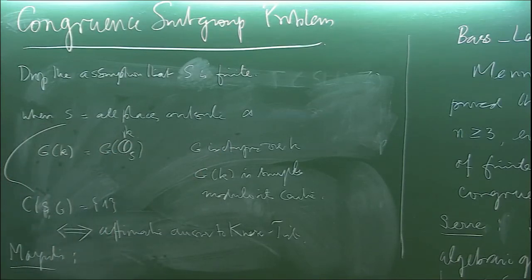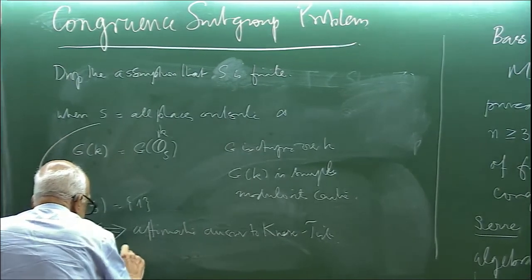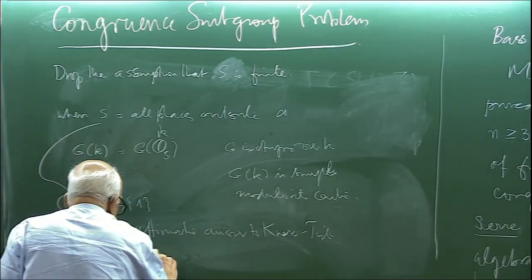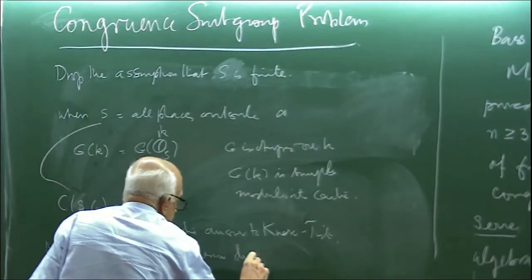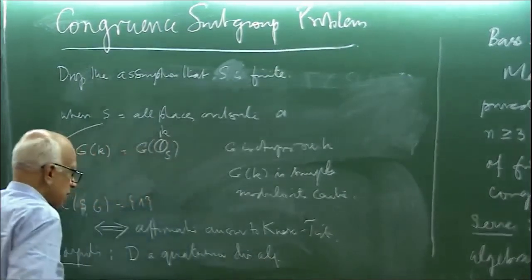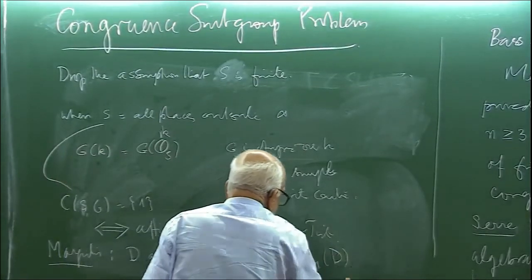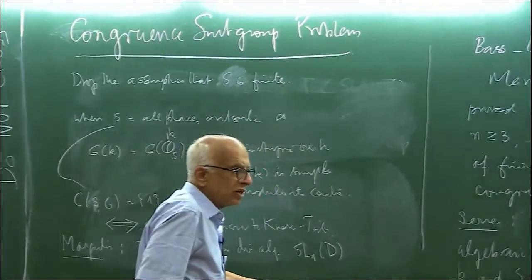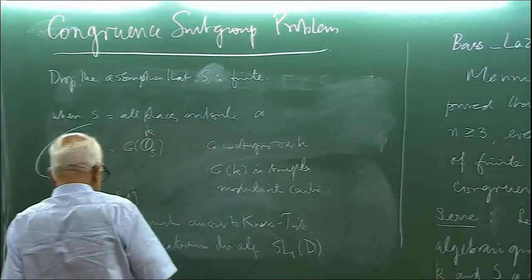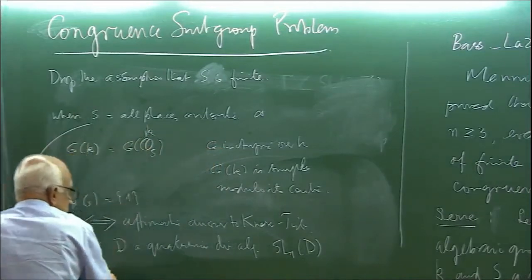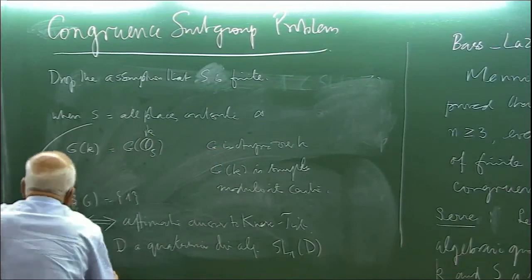Margulis showed that if you take D, a quaternion division algebra, and you look at SL1(D), that is the set of elements of reduced norm 1 in D, this is an algebraic group. For this group, he proved something about CSG.